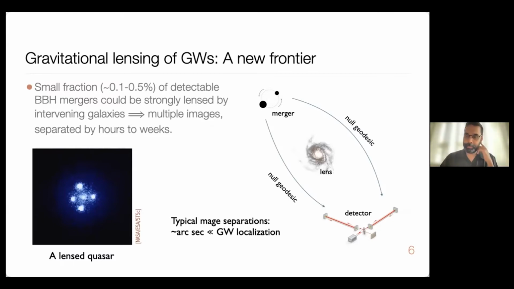So these are analogous to the very familiar examples of strong lensing that we have seen in electromagnetic astronomy. This one particular example is a gravitationally lensed quasar.